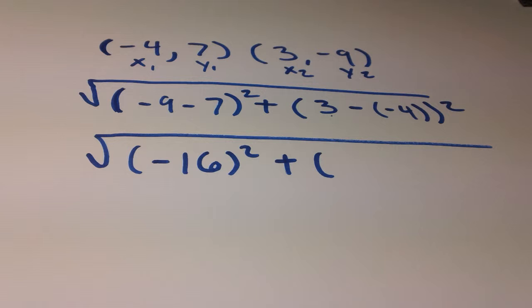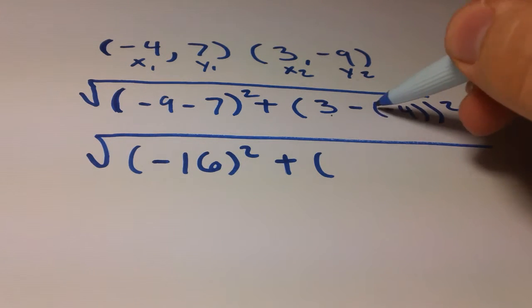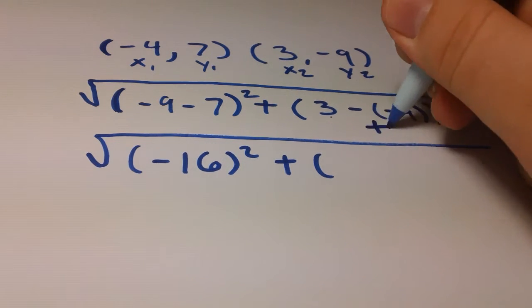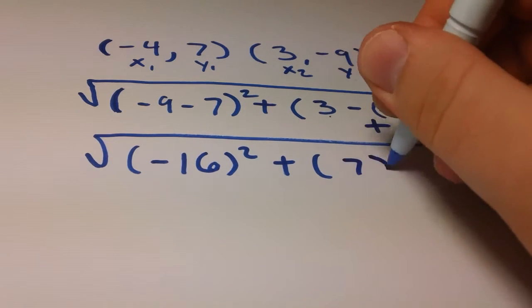Now, what you're going to have whenever you do that minus negative 4, two negatives work together to create a positive, right? The way I always looked at it is just having this minus minus, two lines turning into a plus sign right across. Those two lines right next to each other. So 3 plus 4, 7 squared.